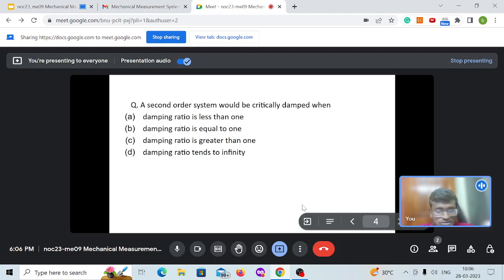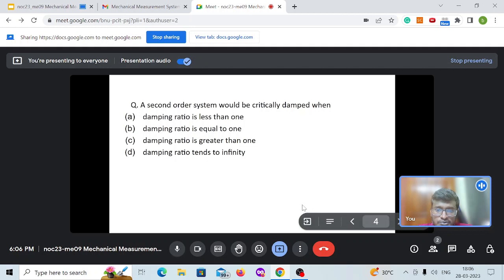For the system to be critically damped, you need the damping ratio to be equal to 1. Omega d is expressed as omega, the natural frequency of the system, into root of 1 minus zeta square. Zeta is the damping ratio.